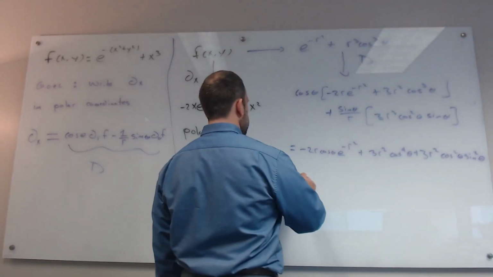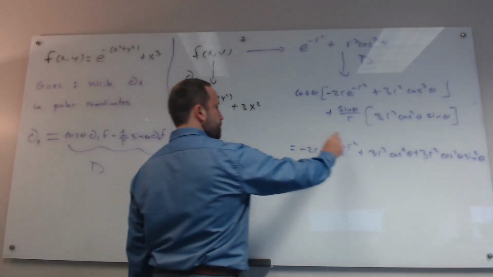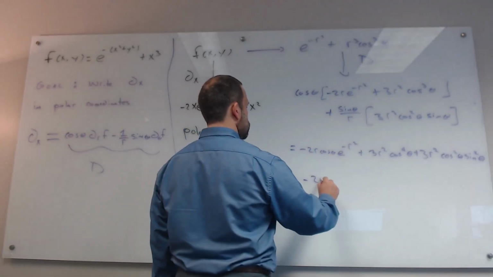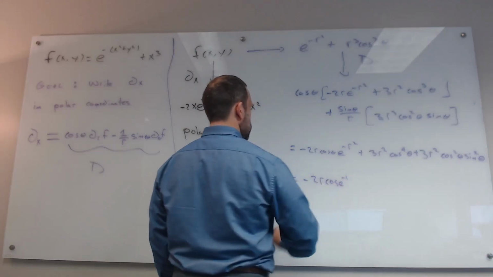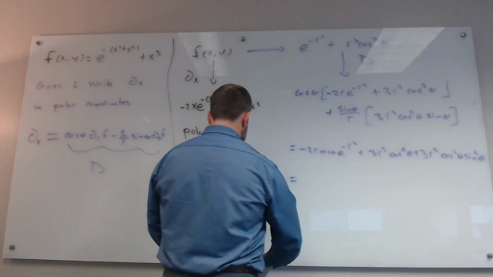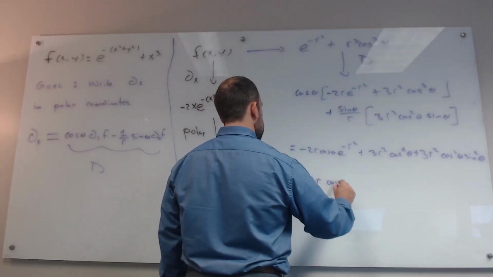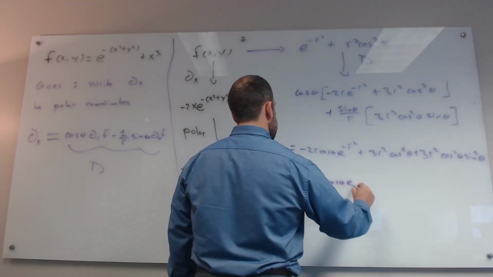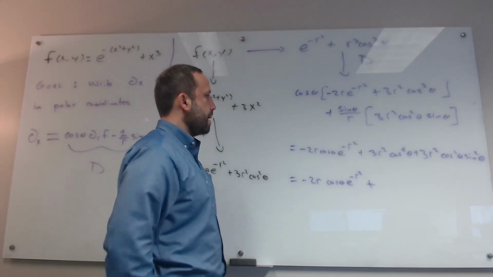Okay, and now look at how well this is going to line up for us. This will be minus 2r cosine theta e to the minus r squared, minus 2r cosine theta e to the minus r squared plus, okay, what's going to happen over here?